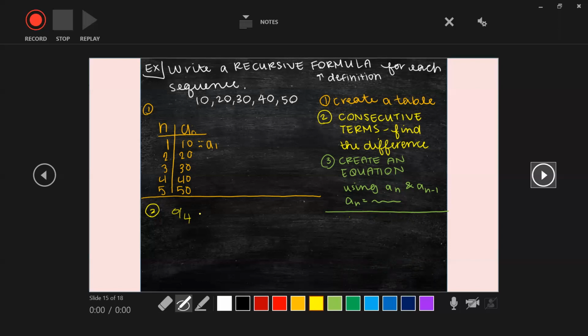So you do a sub 4 minus a sub 4 minus 1. So a sub 4 minus a sub 3. And we identified our a sub 4 as 40 and our a sub 3 as 30, which is equal to 10.